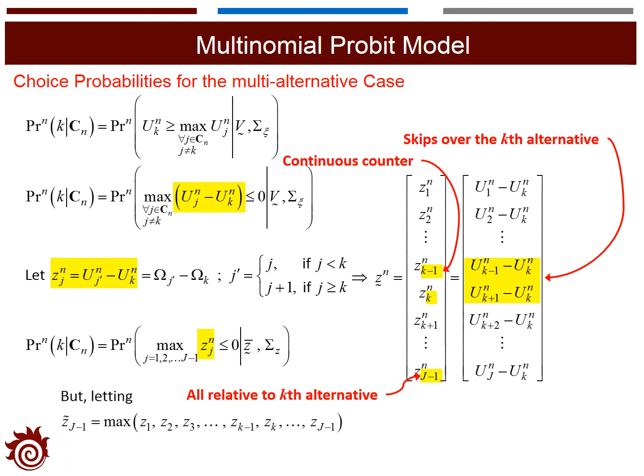Here we can let zj minus 1 tilde be the maximization of z1, z2 till zj minus 1, and then we can call the generalized Clark's approximation to find out the probability of zj minus 1 tilde. It actually follows a normal distribution with mean mj minus 1 tilde and variance sigma j minus 1 tilde.